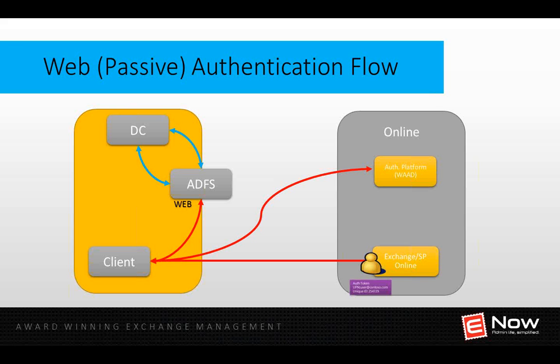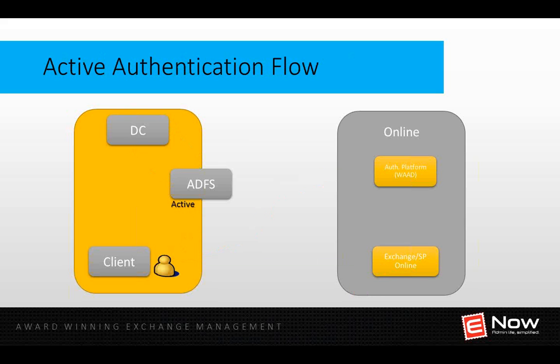The ADFS server then crafts a token, says, okay, you're authenticated, that's great, here's the token, and the client takes that SAML token and presents it to Exchange Online or to the authentication platform, which will then validate the token because there is a trust between online and your on-premises environment, and it will change that logon token into an authentication token, and that authentication token is then presented by the client to the online platform.